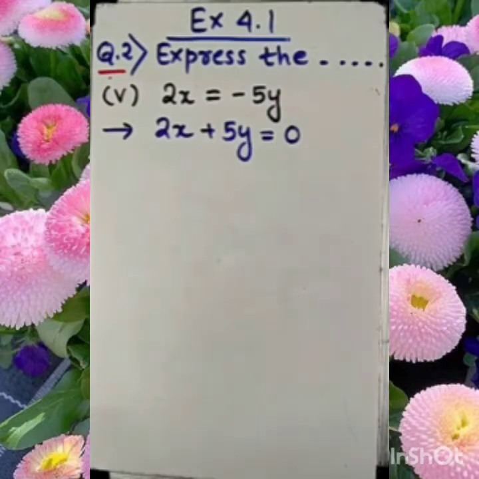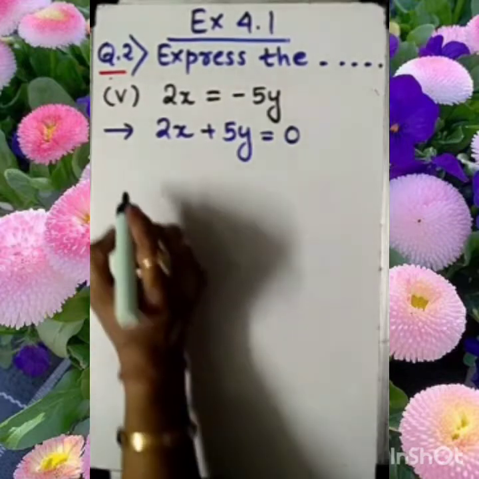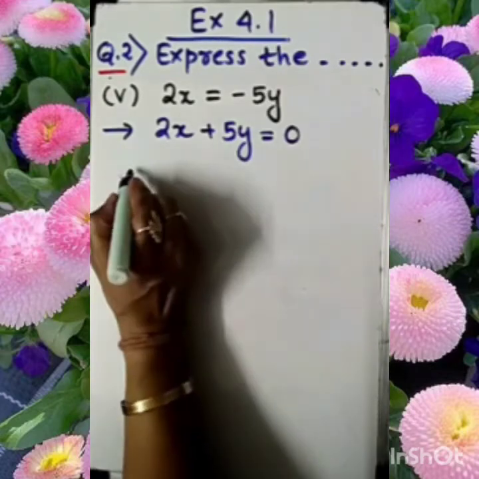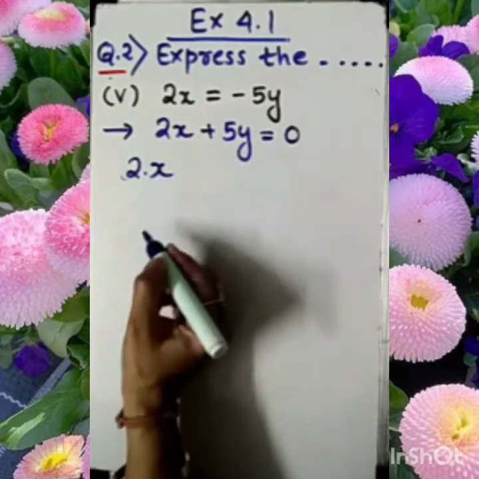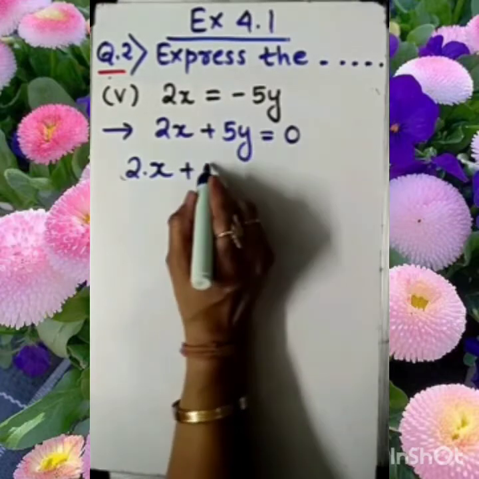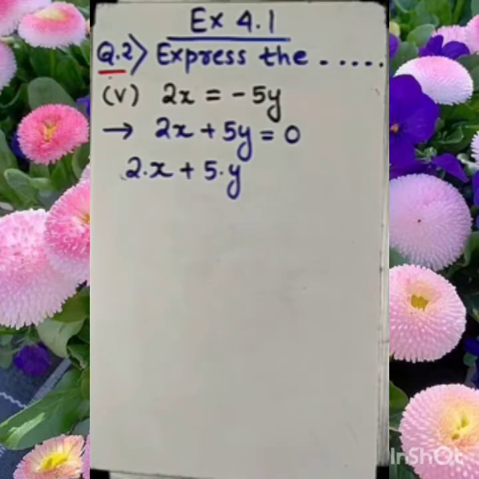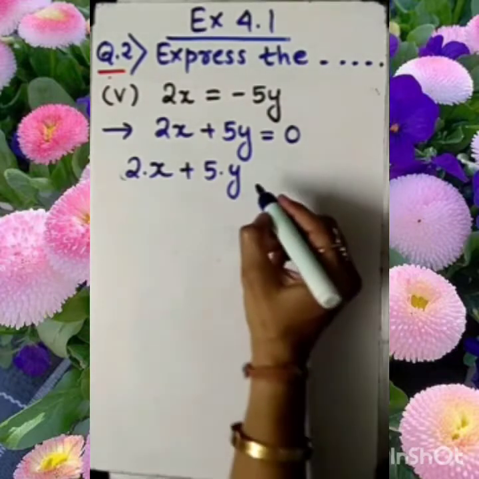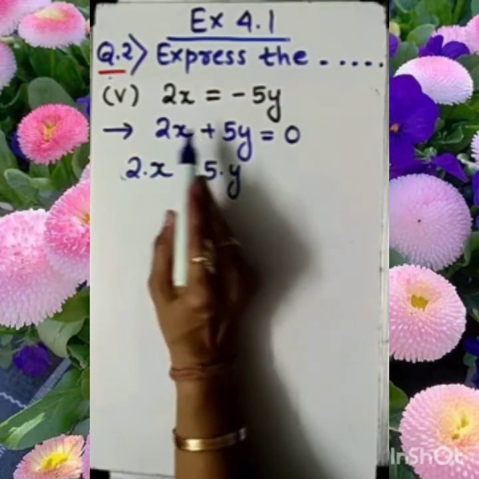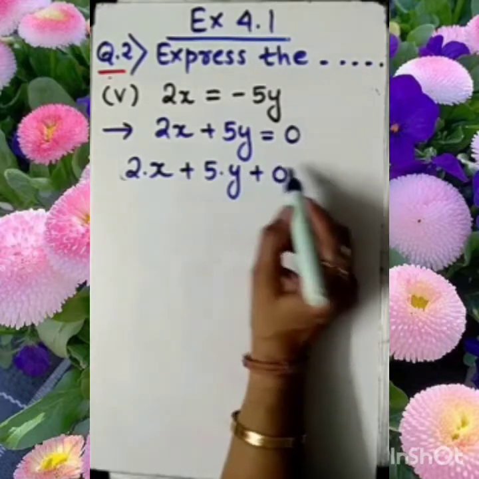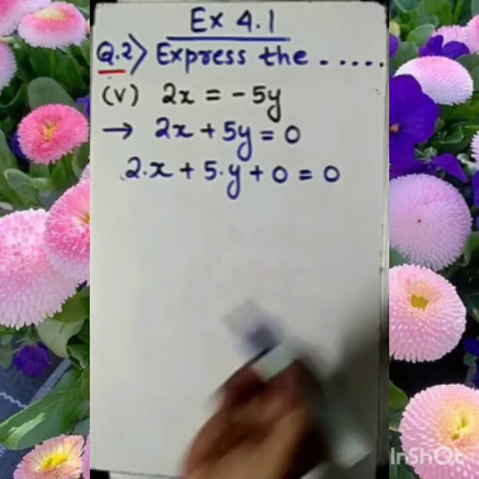Clear? So now if we compare with that, then 2 into x, simple as usual, you know we need to mention this way. 5y can be written as 5 into y. But what about this constant term? See, we are not given here. Coefficient of x given, coefficient of y given, constant term not given, so we will add 0 in place of constant term.